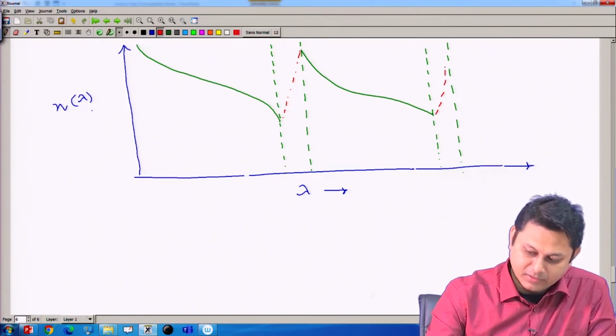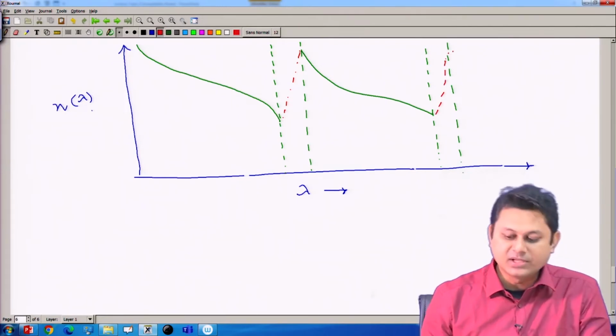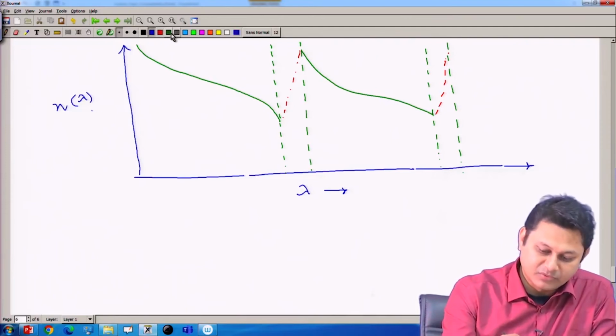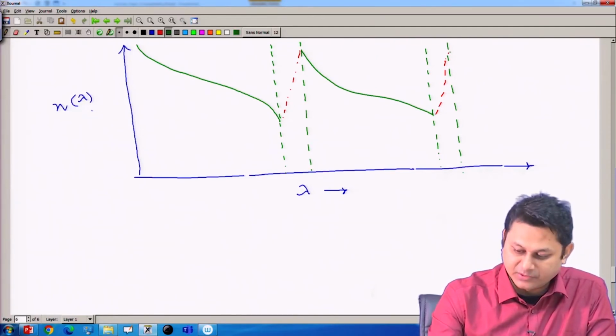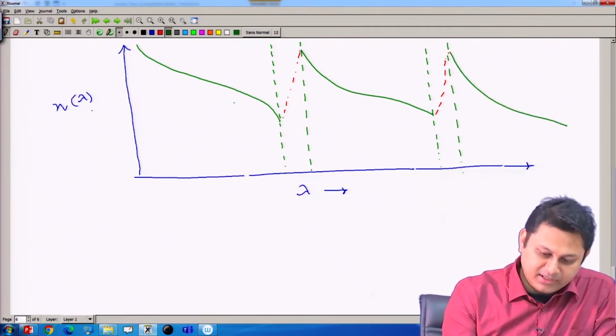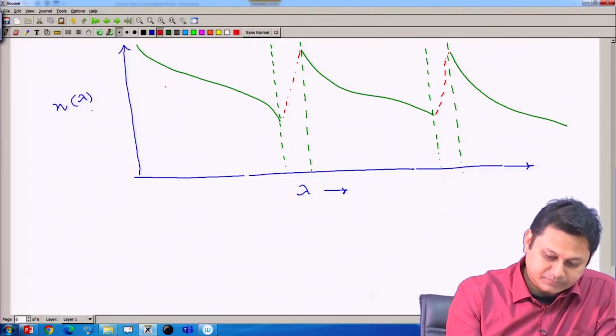In this region the refractive index is changing, and it is increasing with respect to lambda. That is why in this regime we will find the anomalous dispersion, and so on.